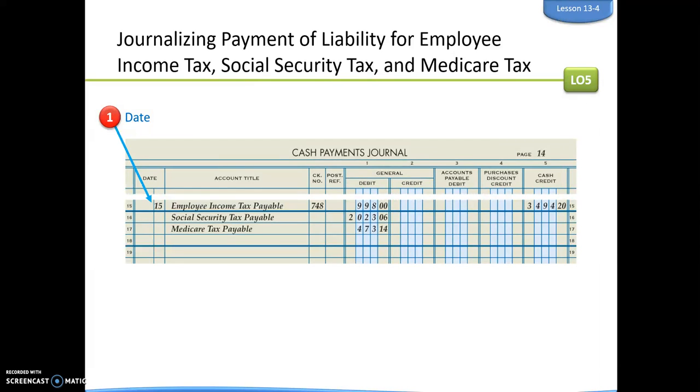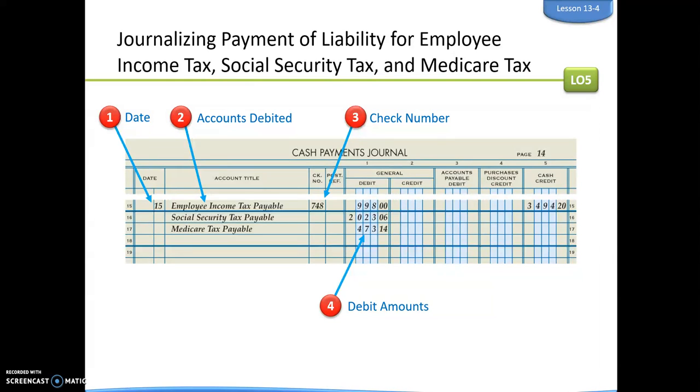The date is the 15th. The accounts debited are employee income tax payable, Social Security tax payable, and Medicare tax payable. Check number 748. The three debit amounts totaled are your check amount for $3,494.20.